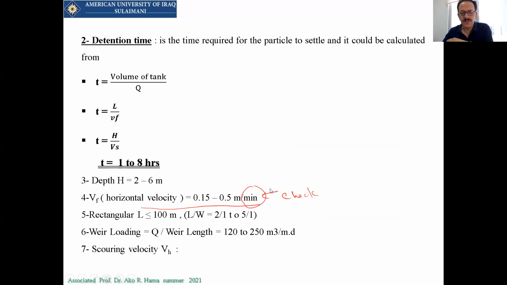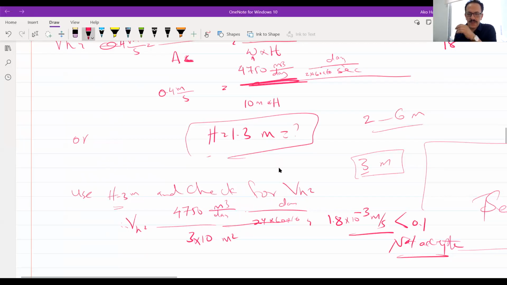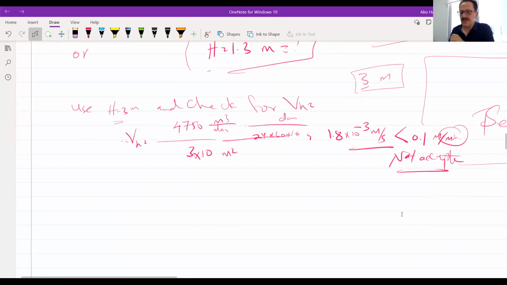I'm sorry for this. We have to check with this one, please. 0.1 or 0.4 meter per minute. Yeah, in our calculation, it's 0.1 meter per minute. I have to check if this is minute. So 0.1 divided by 16.